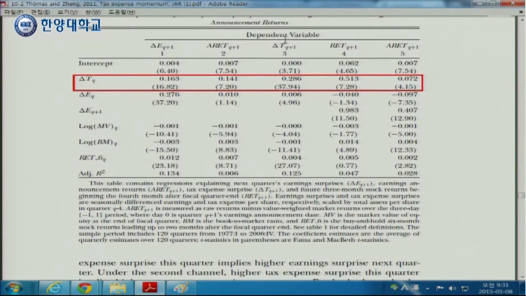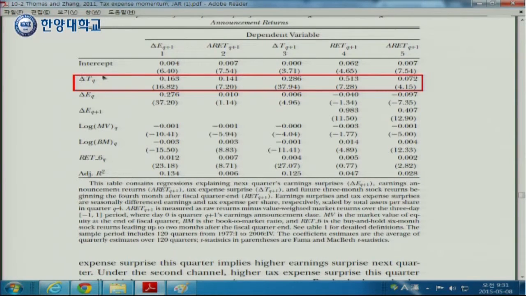And this is another interesting one. This is tax expense surprise in the future, tax expense surprise one quarter later. So today's tax expense surprise can predict tomorrow's tax expense surprise. It means that tax expense surprise has some consistent part.